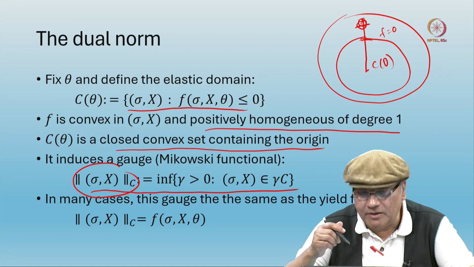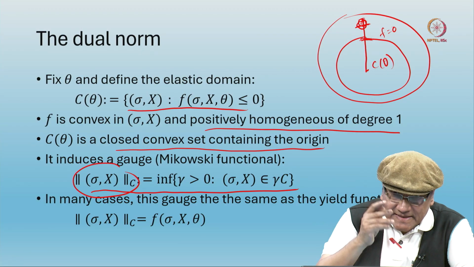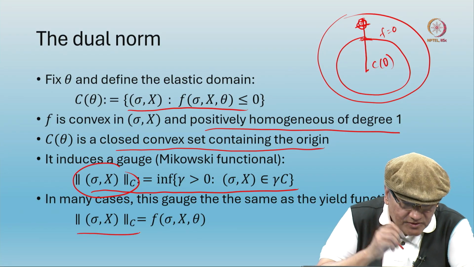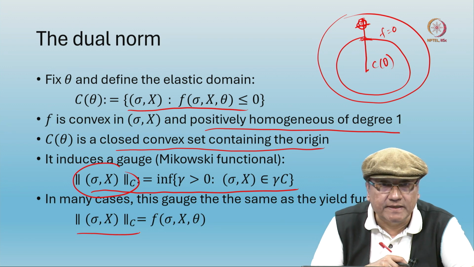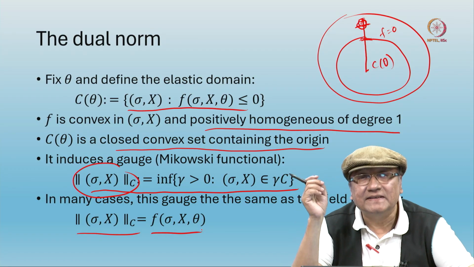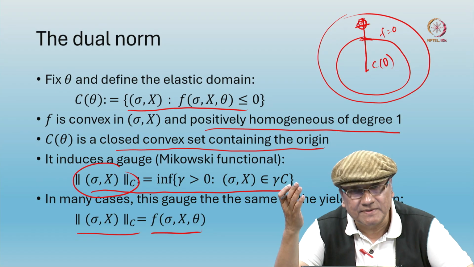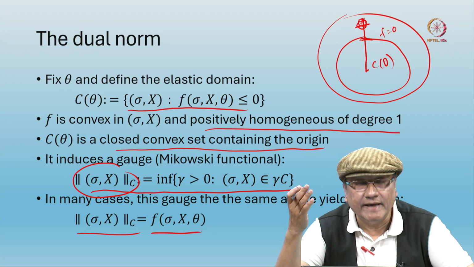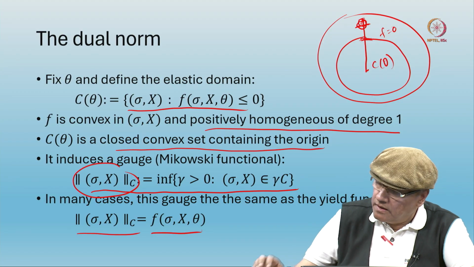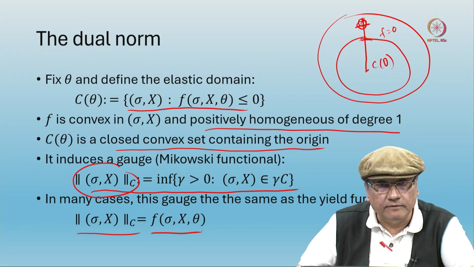This factor gamma which multiplies this C. You can easily see from the physical perspective that this gamma, which is this Minkowski functional, is nothing but the overstress itself, right, because that is by how much the function F has exceeded F equal to 0. So, this is basically the idea of the Minkowski functional.